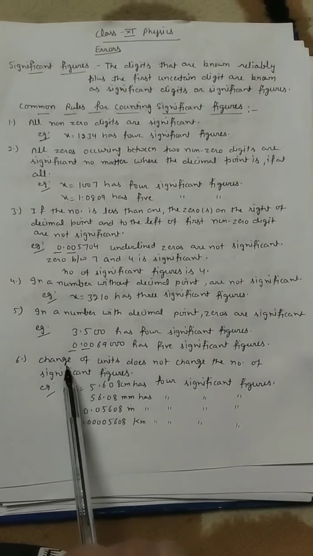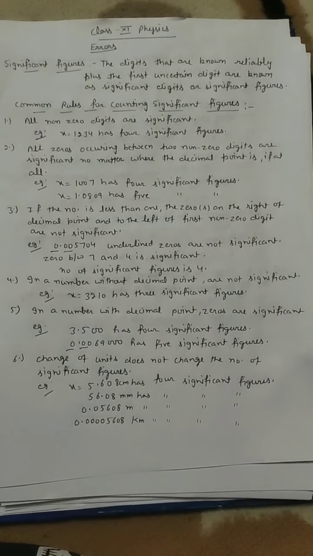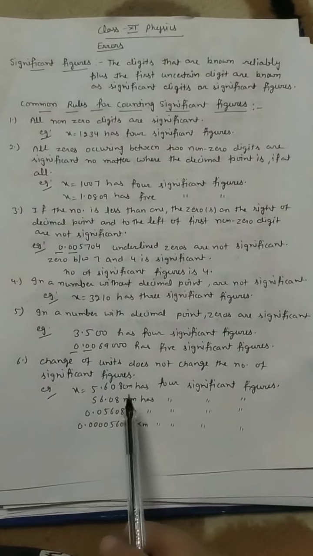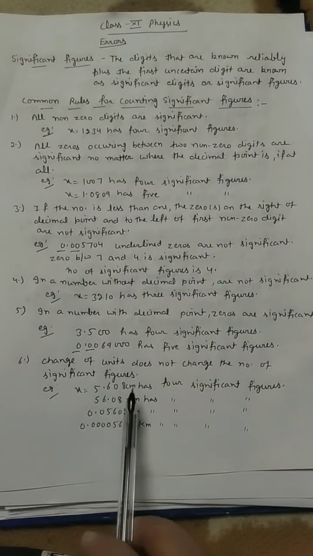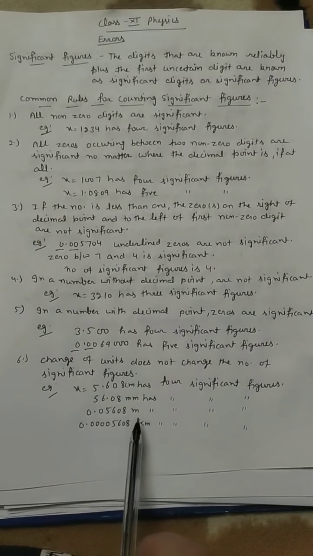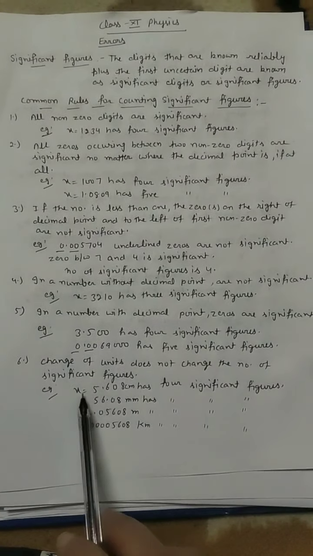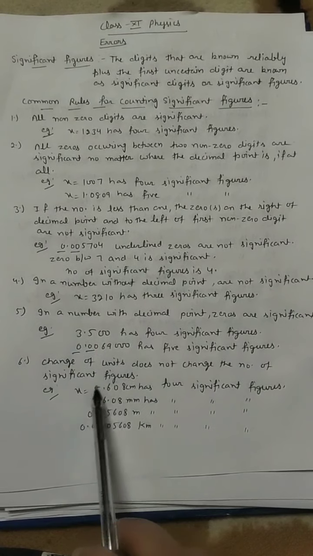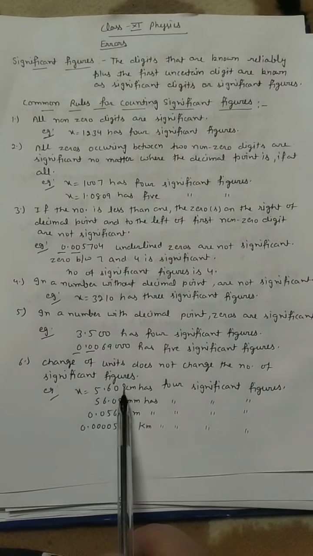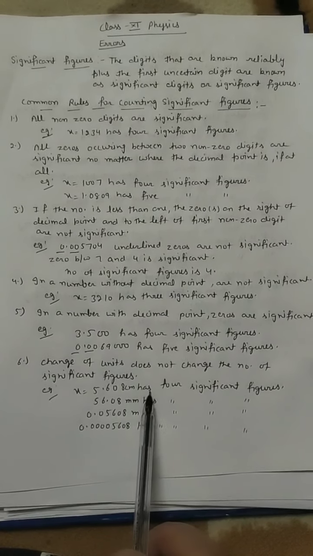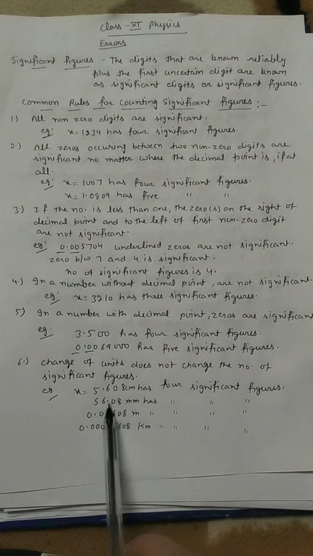The next rule is that a change of unit does not change the number of significant figures. It does not matter whether the number is given in centimeter, millimeter, meter or kilometer. We can take the example 5.608 centimeter, which has four significant figures.